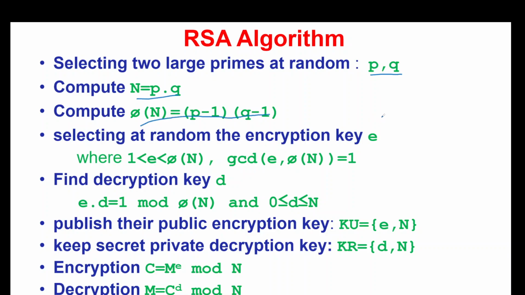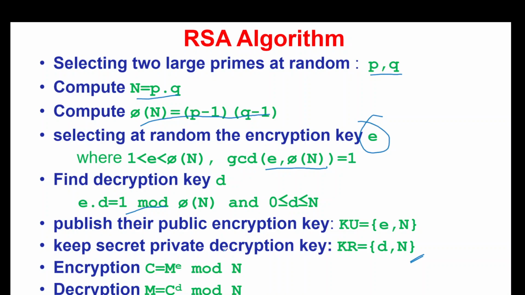We select one key called e such that e is in the range of 1 to phi of n, and GCD of e and phi of n is 1, that is, e and phi of n should be coprime. We find the decryption key d such that d is the modulo multiplicative inverse of the encryption key e mod phi of n. The public key KU is the pair e comma n, and the private key is d comma n.